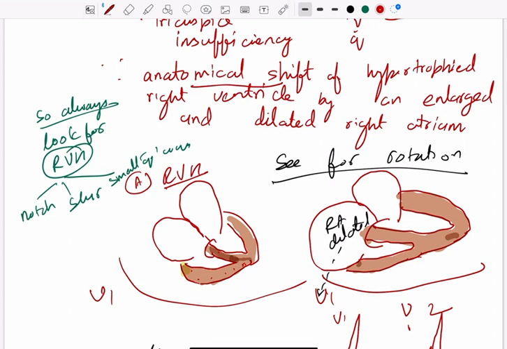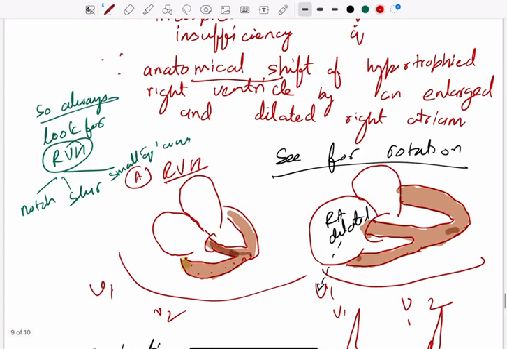In the next diagram, when the right atrium becomes dilated, it pushes and rotates the heart upwards. So V1 gets out of line and V2 comes to this place. It is basically an anatomical shift which leads to this change.